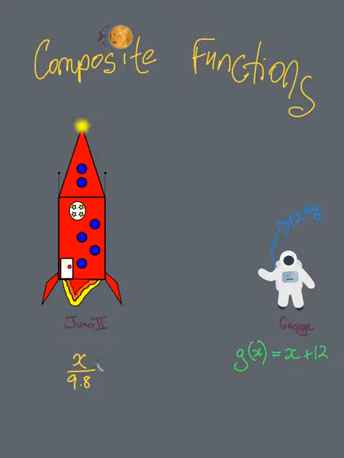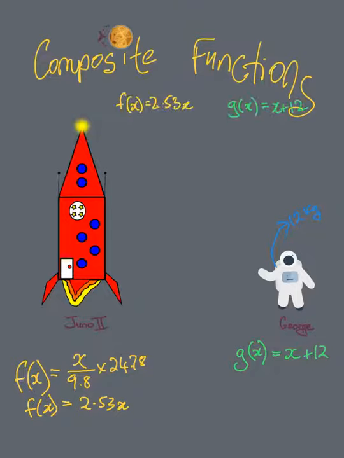And we multiply that by Jupiter, which, as I said, is really massive. It's 224.79. We'll go by that. And that's going to be our f of x. That's going to be the weight when you land on Jupiter. That simplifies down to 2.53x, x being the weight of the astronaut.